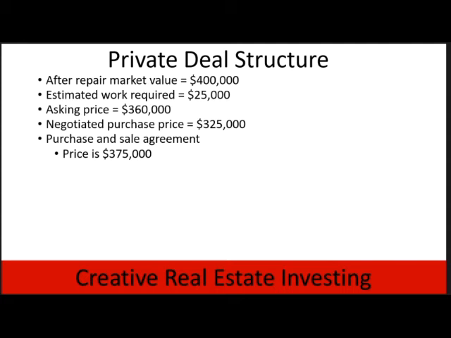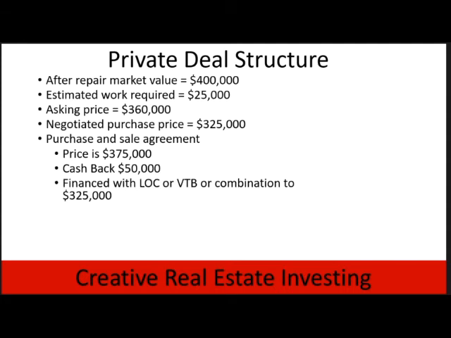So now you create your purchase and sale agreement. What you're going to do is put the price in at $375,000 with a cash back of $50,000. So by doing that, the seller still gets their $325,000, financed with a line of credit or a vendor take-back or a combination of that up to the $325,000.